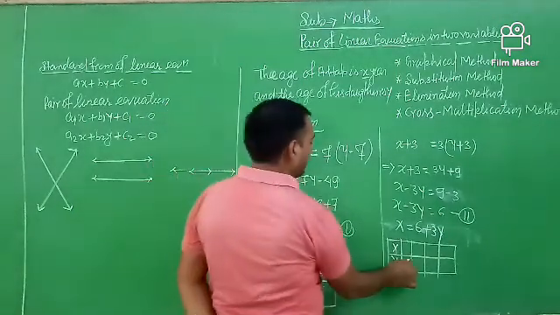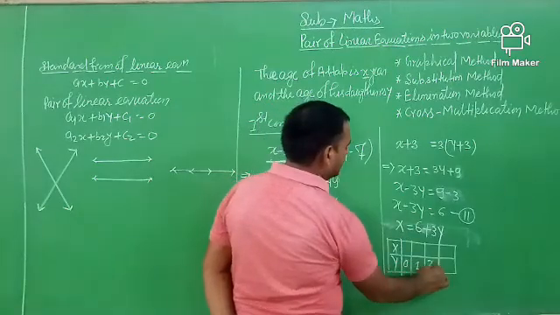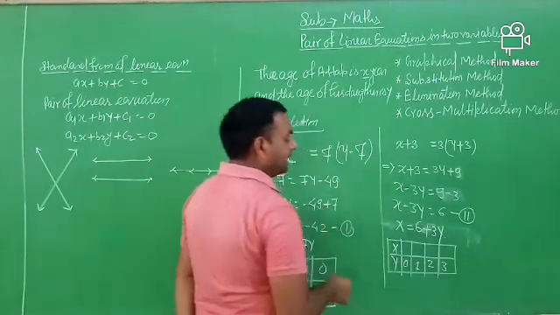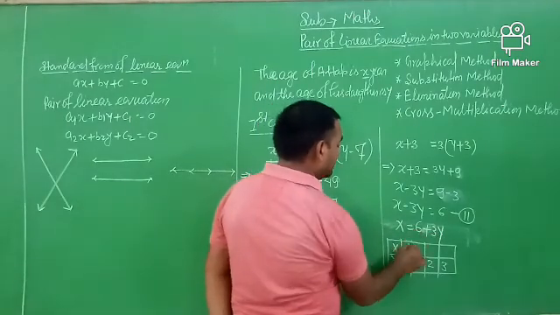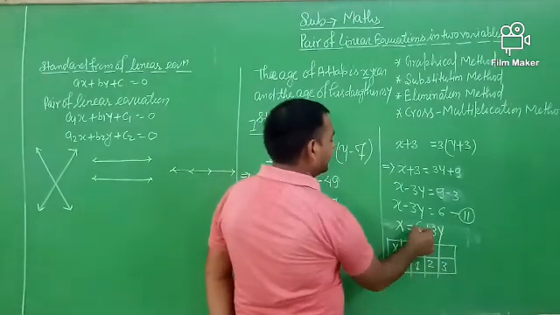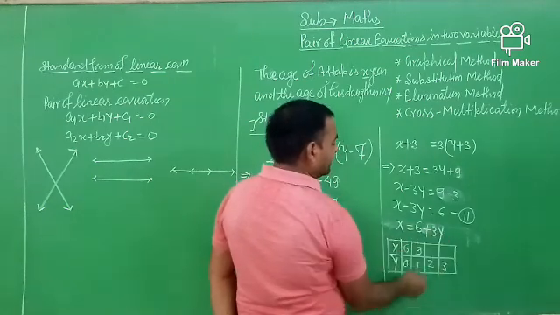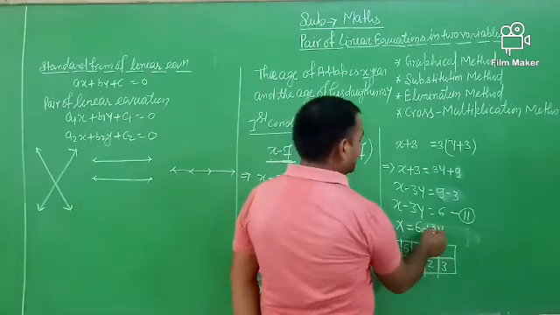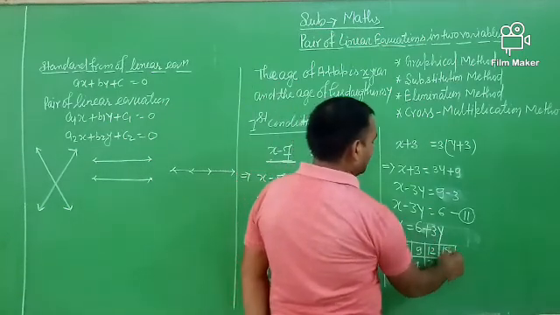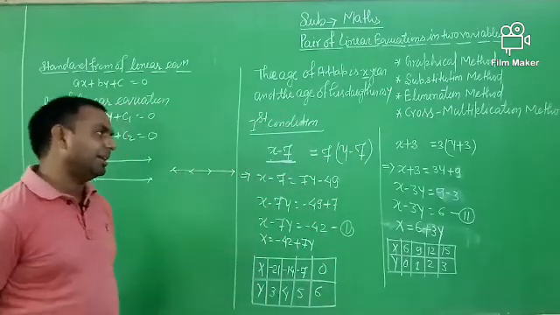Suppose I take y is equal to 0, then 1, then 2, then 3. If y is equal to 0, 3 into 0 is 0, so it is 6. 3 ones are 3, 6 plus 3 is 9. 2 threes are 6, 6 plus 6 is 12, and 3 threes are 9, 9 plus 6 is 15. So these are the values of x and y.